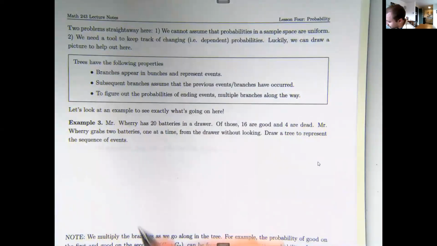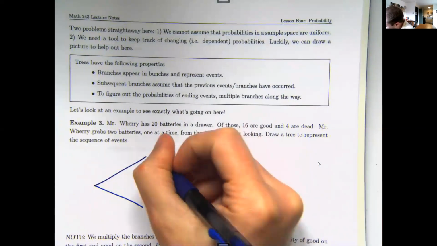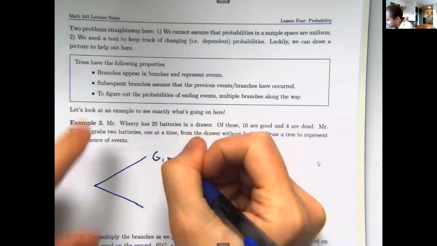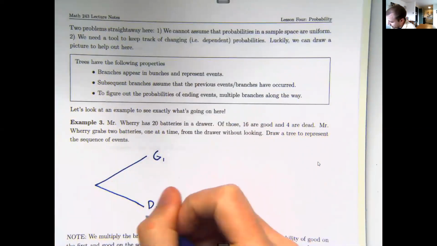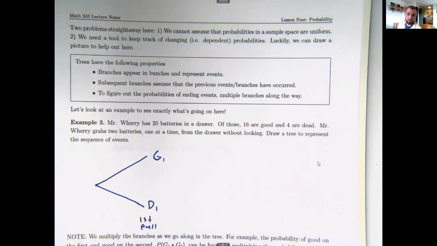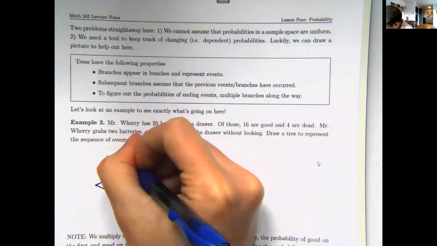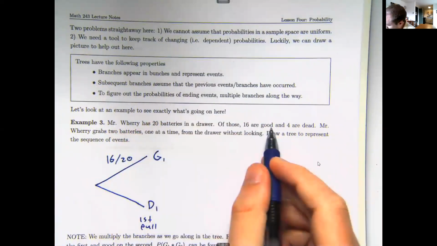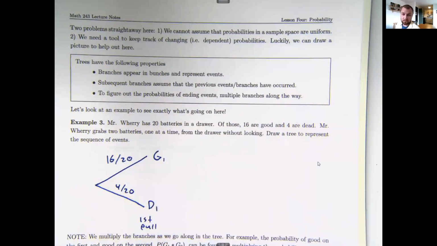So I'm going to make the tree where I can keep track of my events, and each set of branches represents a conditional event. So this is what can happen for the first pull. And on the first pull, 16 and 4 were my respective counts.